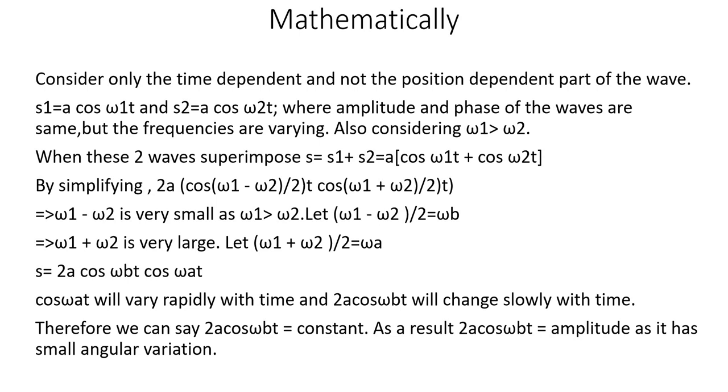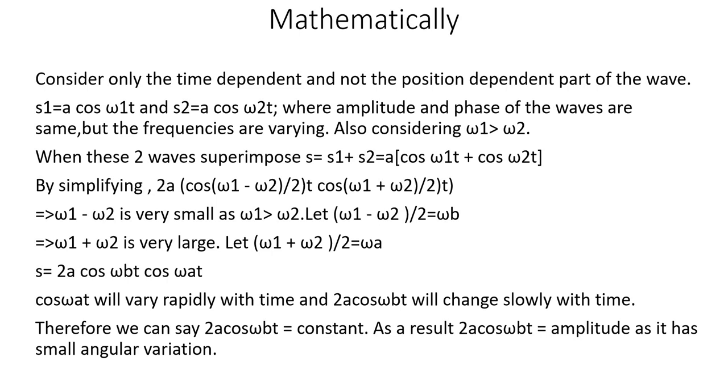In this derivation, I am assuming that omega 1 is greater than omega 2. If they superimpose, the resultant displacement is given by y1 plus y2. Here we are representing it as s1 plus s2, which is equal to a cos omega 1 t plus a cos omega 2 t.